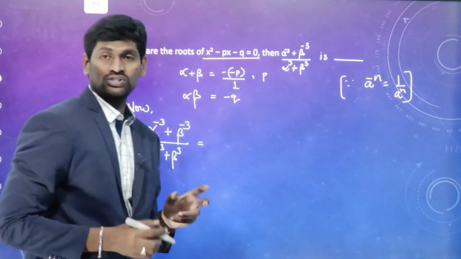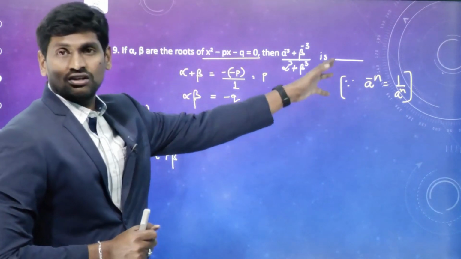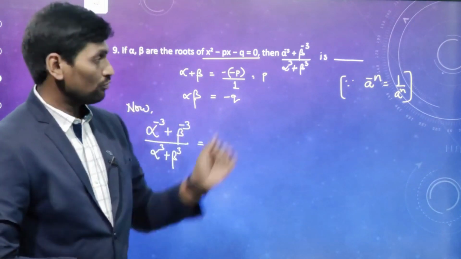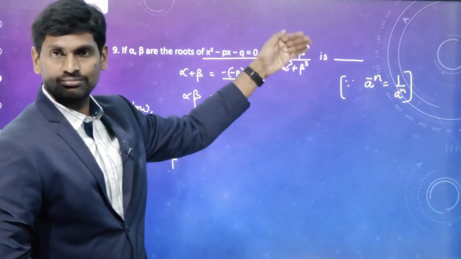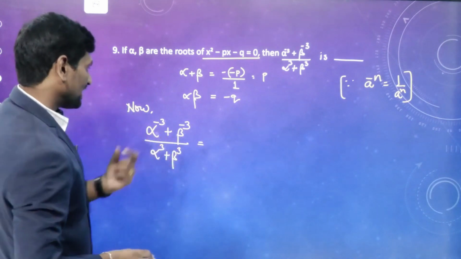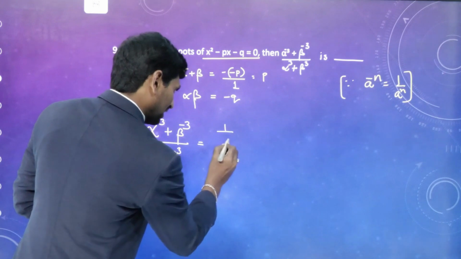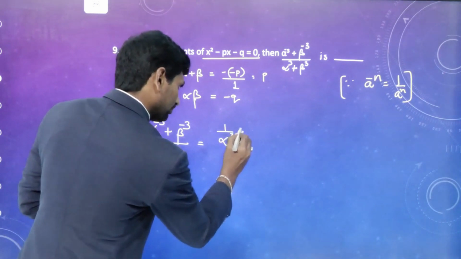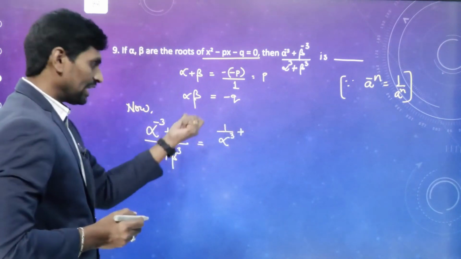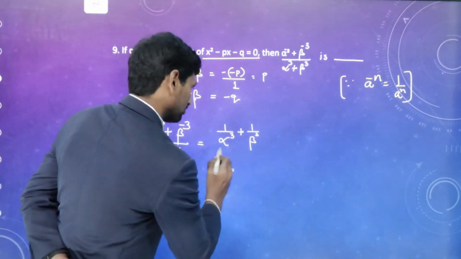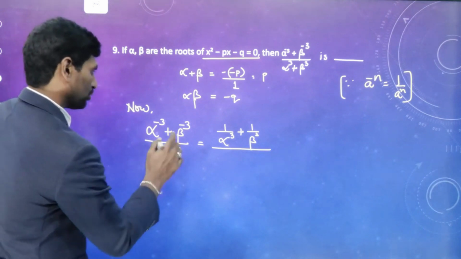That means whenever you see the exponent is negative, to make it positive, we can write it in the denominator, 1 by a power n. In same way, alpha power minus 3, I am writing in positive way 1 by alpha cube. Beta power minus 3 also 1 by beta cube, whole divided by alpha cube plus beta cube.